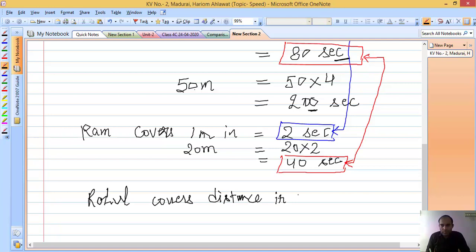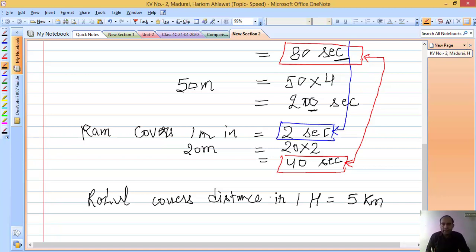Let's suppose 1 hour. Okay. Rahul covers distance in 1 hour. In 1 hour, how much distance is he going to cover? Let's suppose 5 kilometers. Okay.